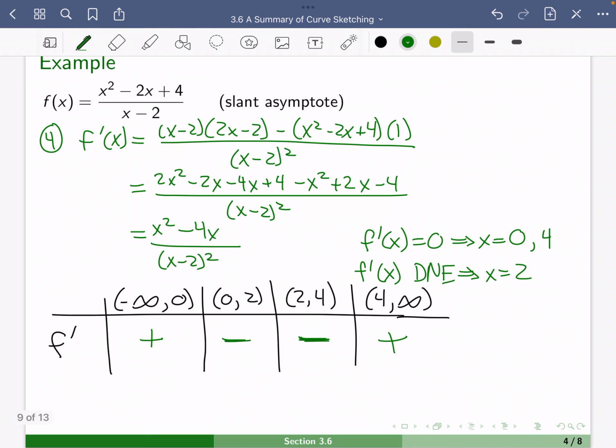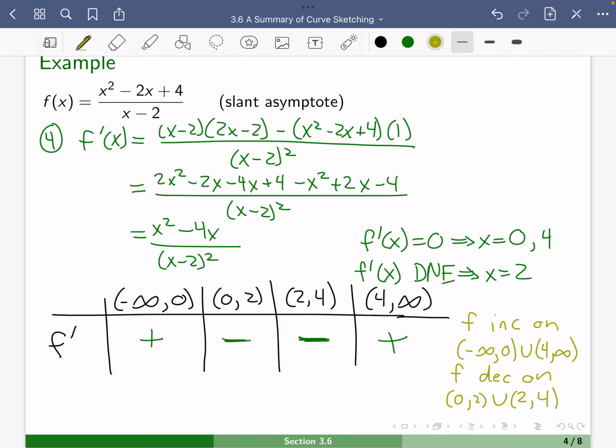So what does this tell us? F is increasing on the interval from negative infinity to 0, along with 4 to infinity. F is decreasing on 0 to 2, along with 2 to 4.